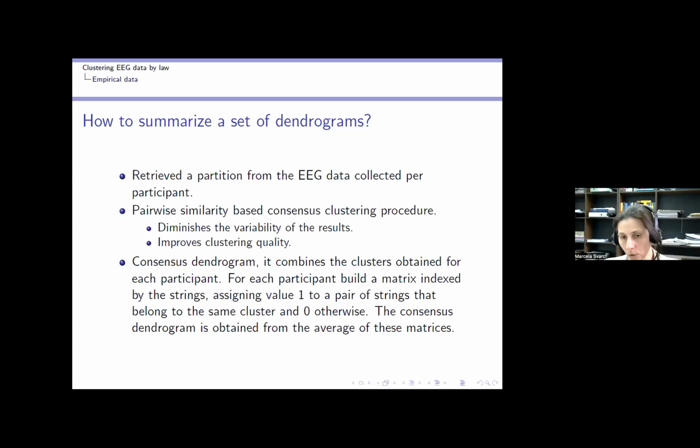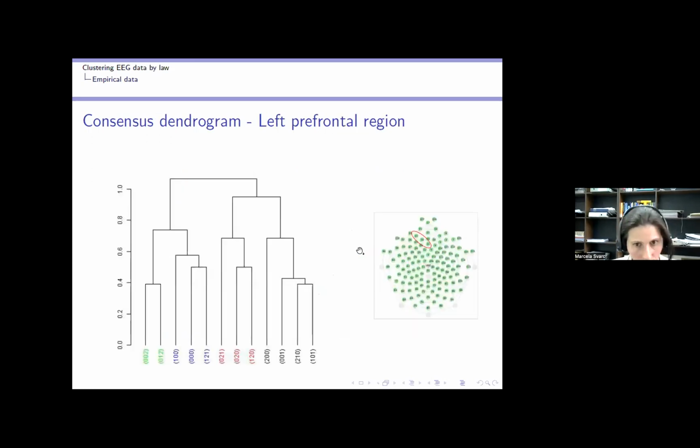Then we are going to put all that information together. We are going to summarize it, as we have done before, averaging those matrices, and use it in a hierarchical clustering strategy to build a final partition.